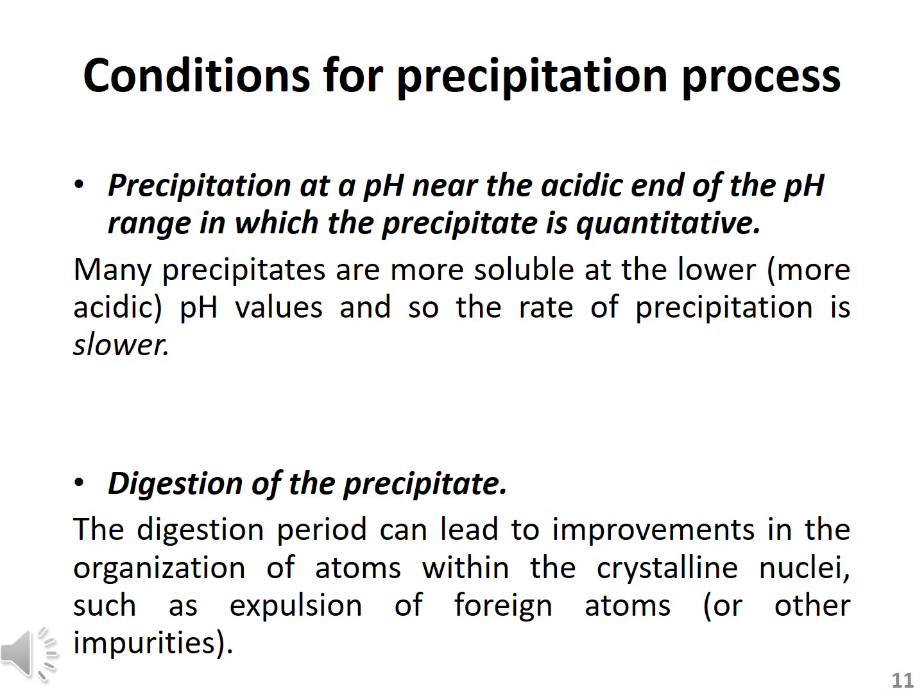The process of digestion improves the size of the crystals, so we will have larger crystals of the precipitate. They have a bigger size but are fewer in number. These bigger crystals will not clog the filter paper or pass through it, and can easily be separated from the mother liquor.